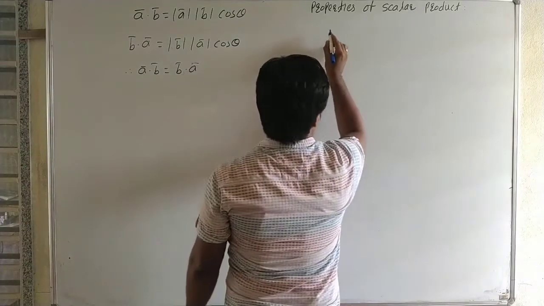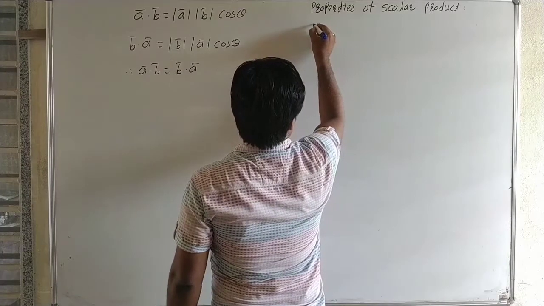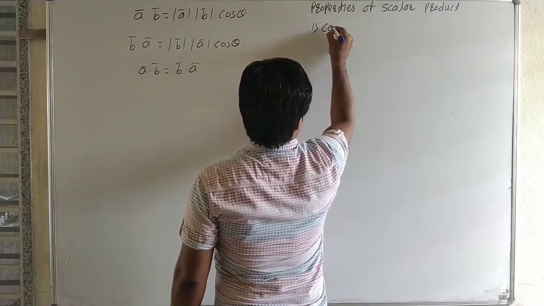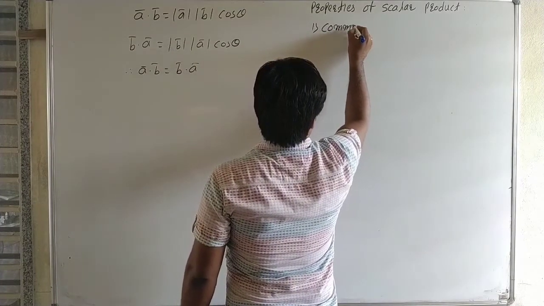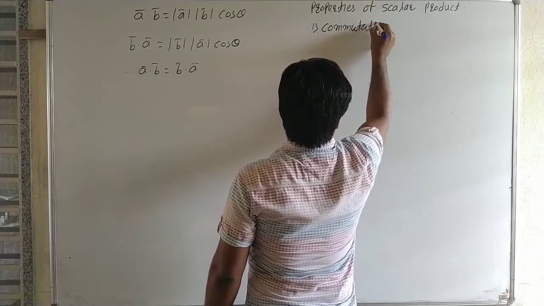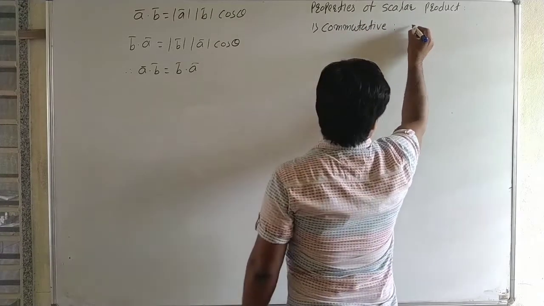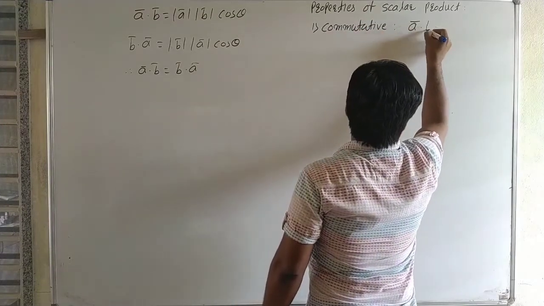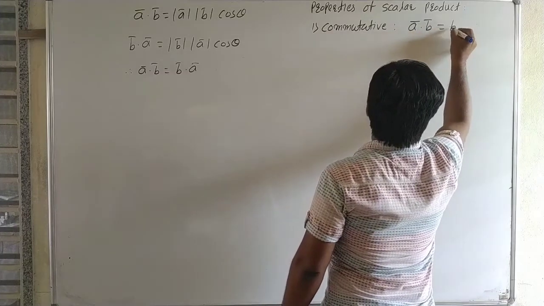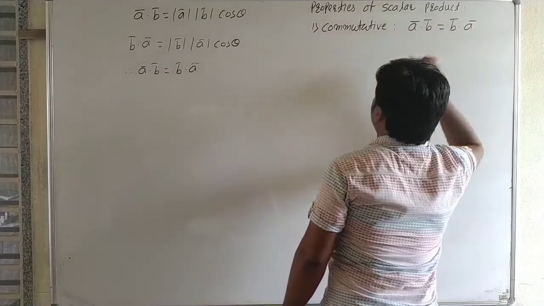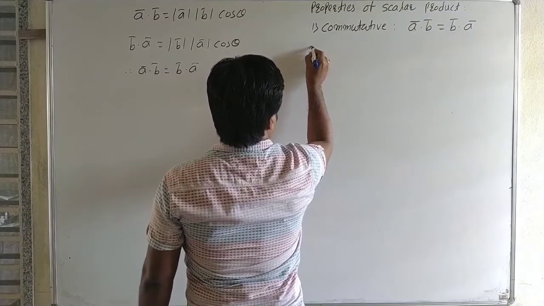Here, first, commutative: a bar dot b bar is equal to b bar dot a bar. Now second, distributive.